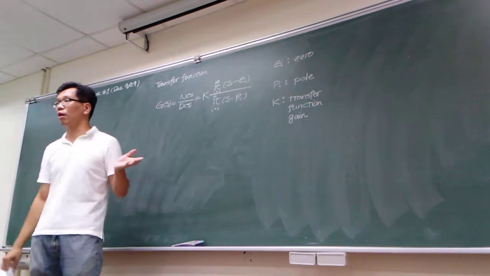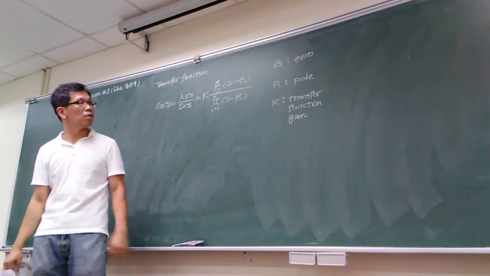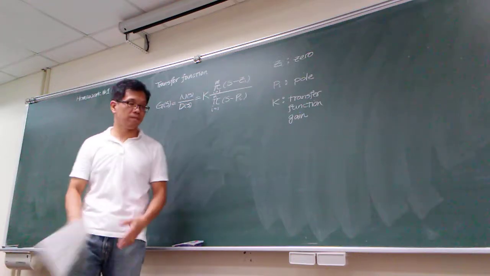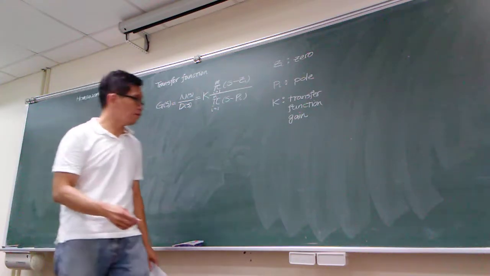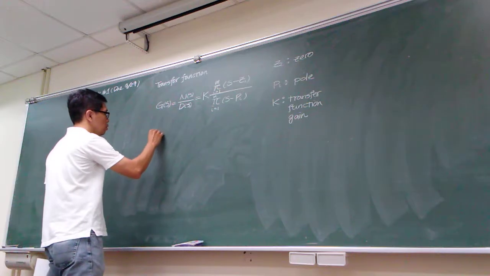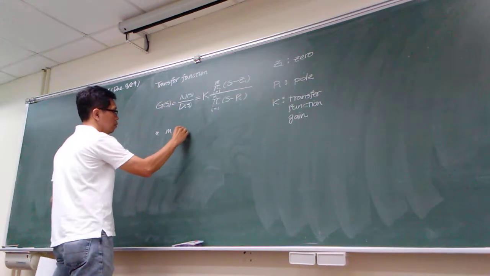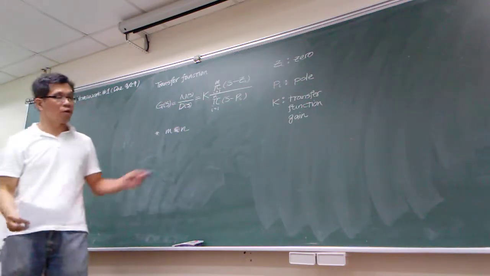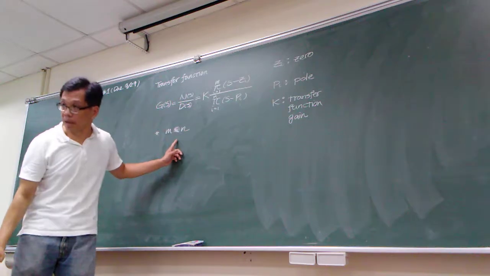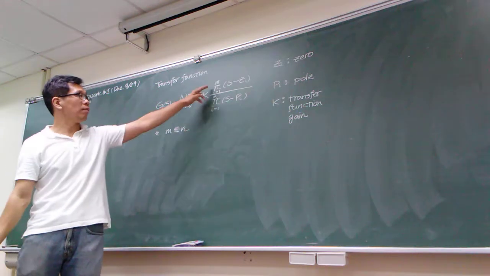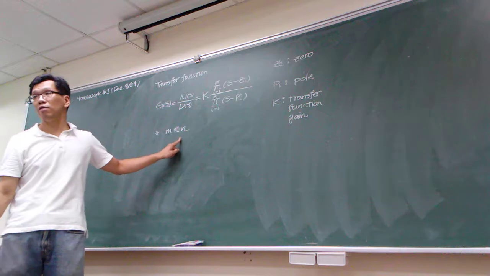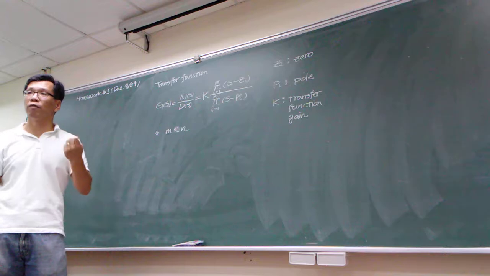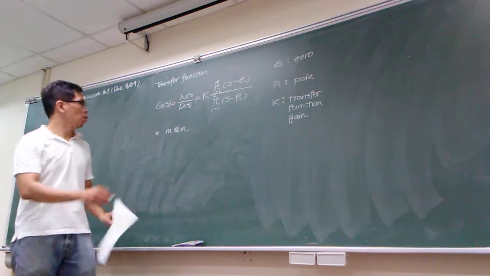Sometimes those things are defined in your textbook. When we analyze the system, there are a few things you need to know. First, m must be smaller or equal to n. Must. If your m is greater than n, the system is not implementable. You're going to learn this in the future, because what is s?